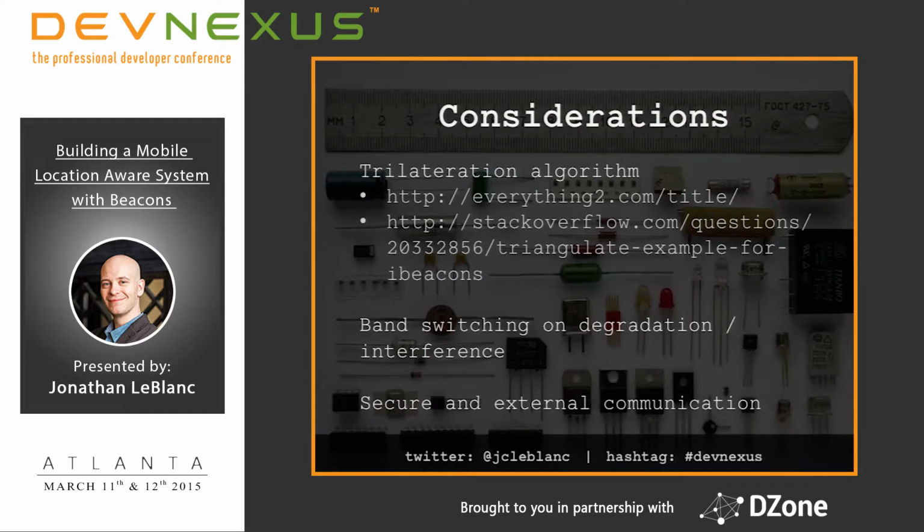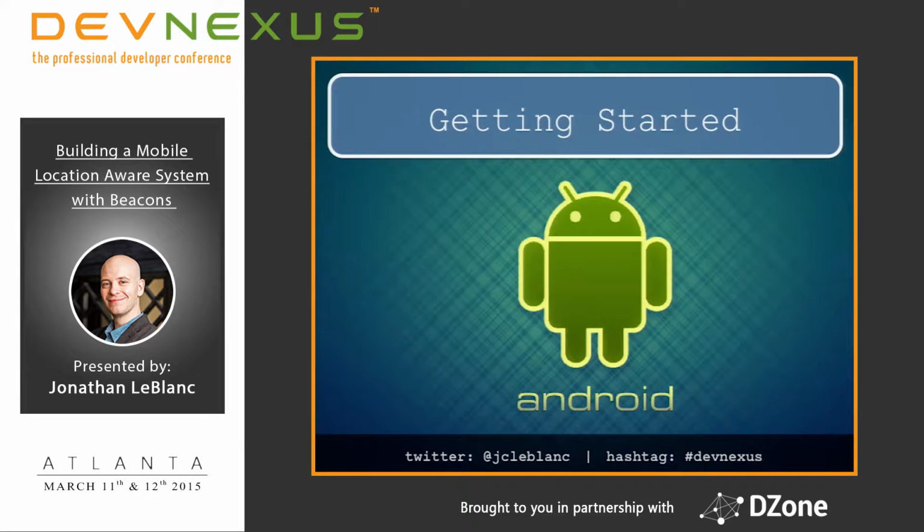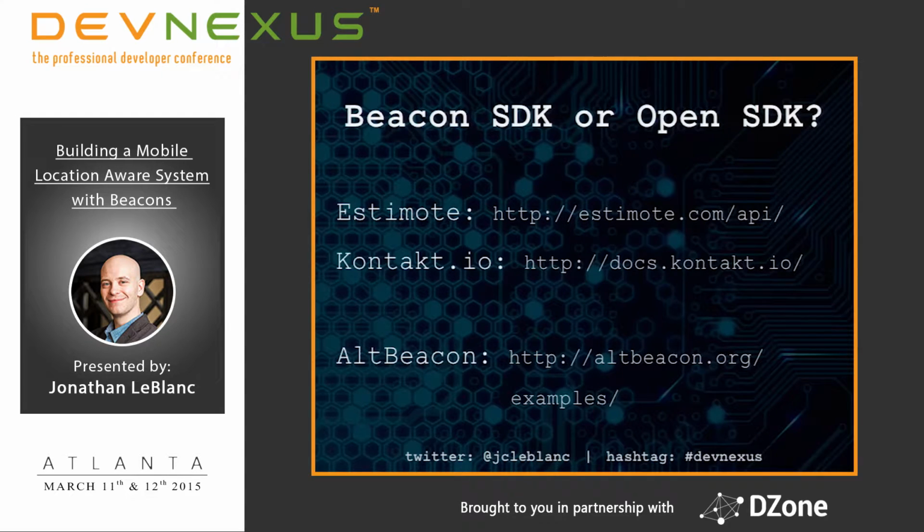All right. So let's go ahead and get started with that and take a look at how we're actually deploying this on a mobile device. The first thing that we're going to have to consider is whether to use an SDK that's built for the beacon itself or use something that works for all of them.